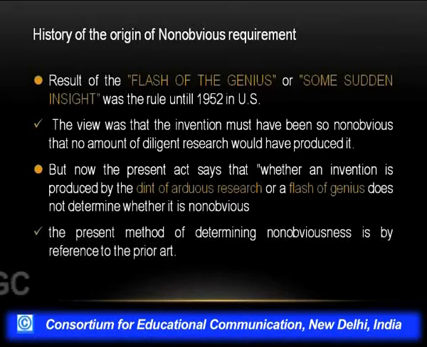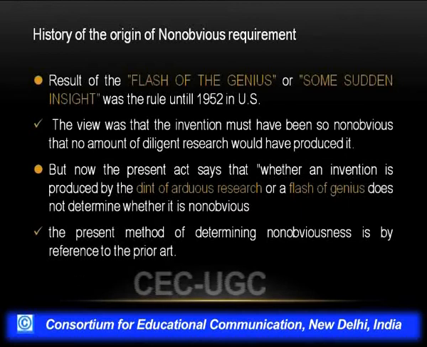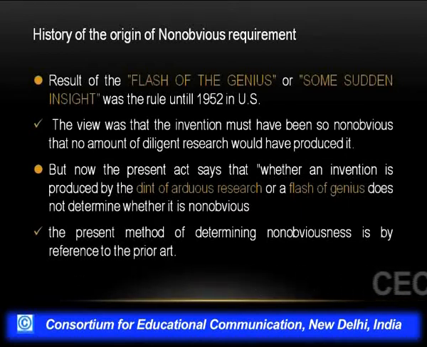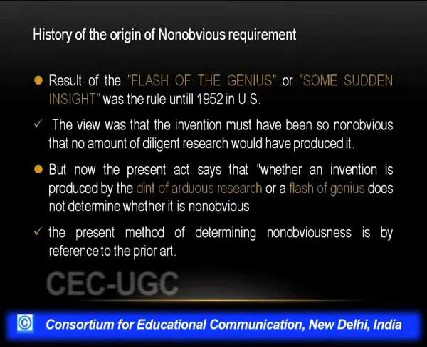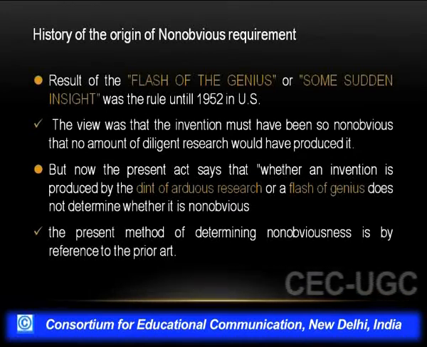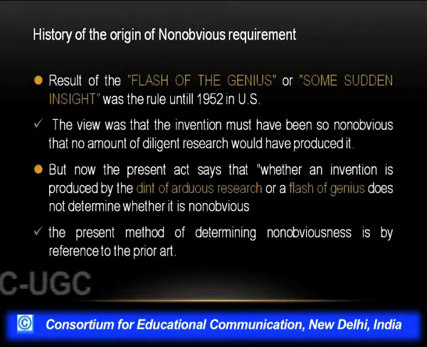The present method of determining non-obviousness is by reference to the prior art. This method, which is written in the last point in this slide, had never been the method of appraising the qualification of non-obviousness.